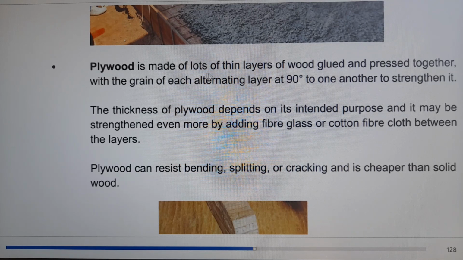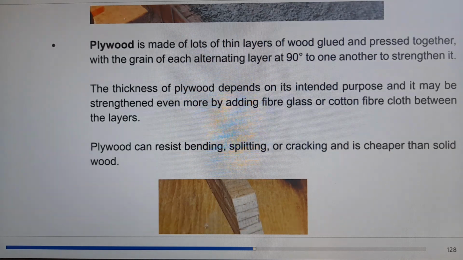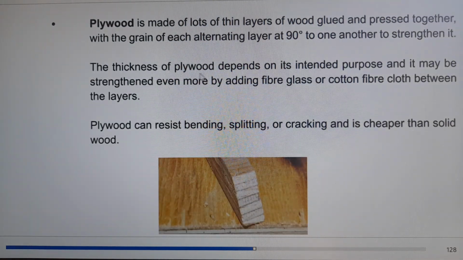Plywood is made of lots of thin layers of wood glued and pressed together, with the grain of each alternating layer at 90 degrees to one another to strengthen it. The thickness of plywood depends on its intended purpose, and it may be strengthened even more by adding fiberglass or cotton fiber cloth between the layers.